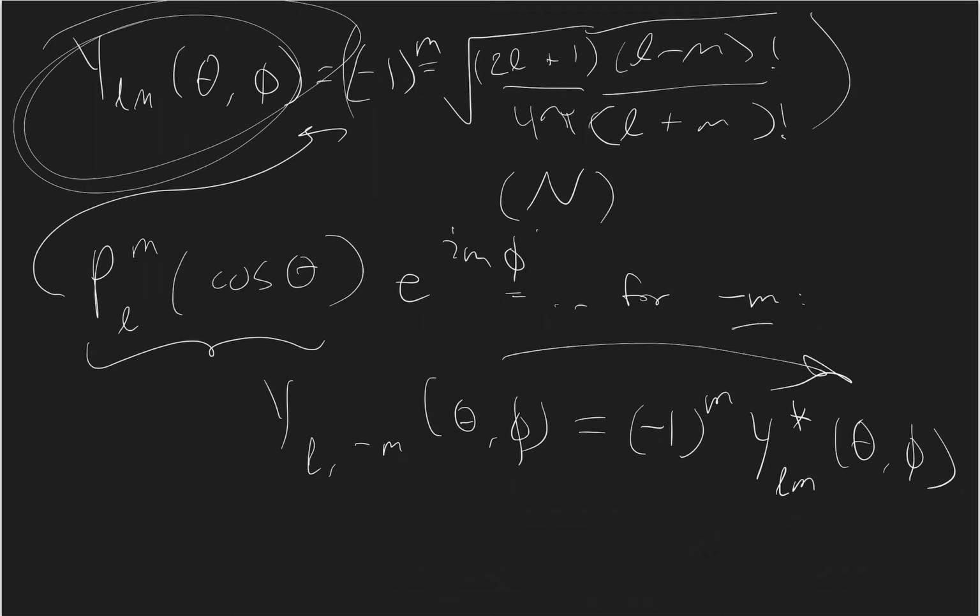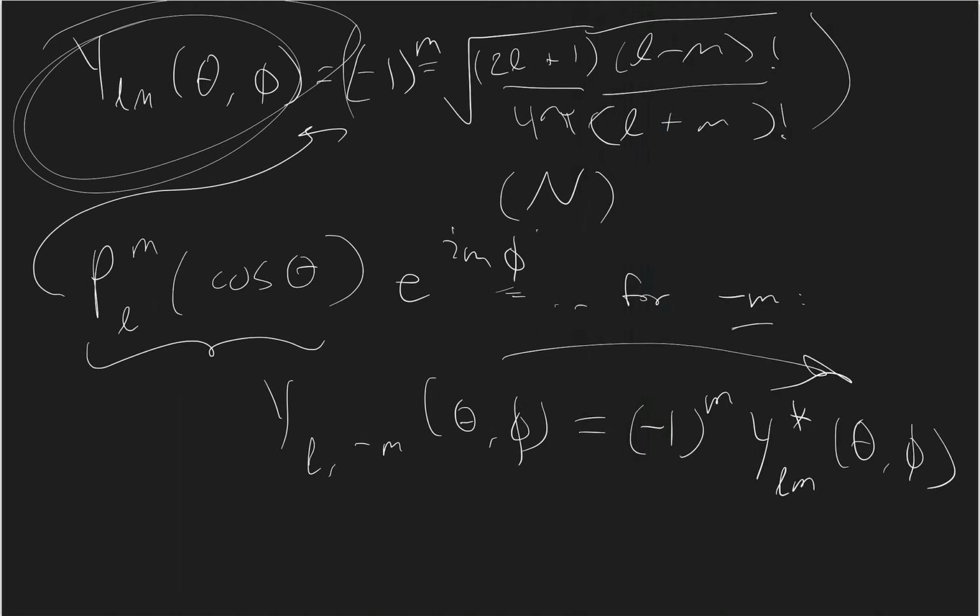This gives us the complex conjugate for negative m, because the phase, right? We're shifting this phase factor, and it would receive a negative sign out there. So that's really cool. Now let's talk about the matrix elements of the vectors.